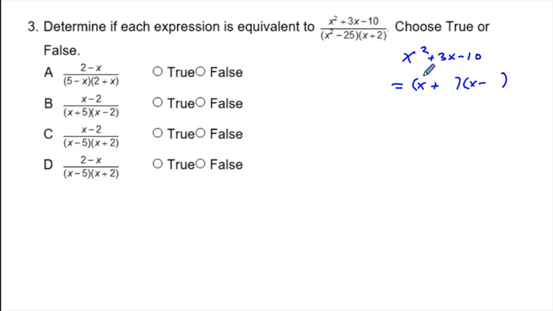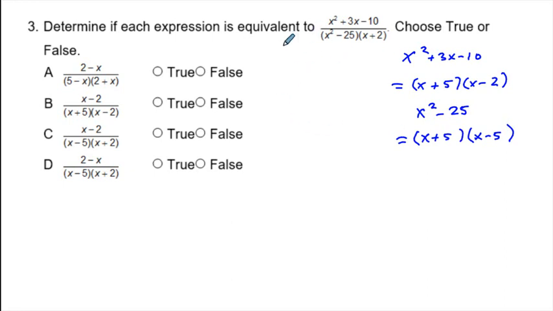We're going to have x plus 5 times quantity x minus 2. It's going to be our factored form of that numerator. And then the denominator, we have x squared minus 25, and in factored form, that's going to be quantity x plus 5 times quantity x minus 5.